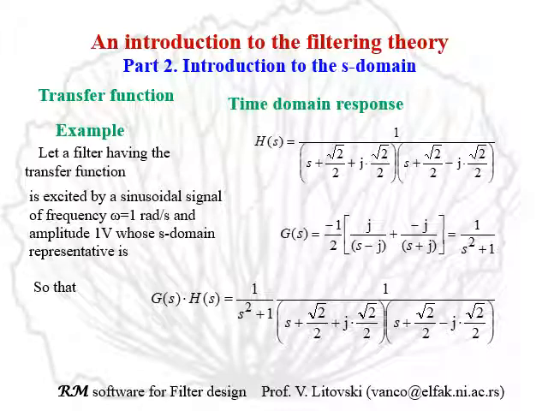And then below we have the frequency domain or S domain representation, or map, of a sinusoidal signal of angular frequency of 1 radian per second and of amplitude of 1 volt. So the product is given below, and now we have to transform this expression into partial fractions.